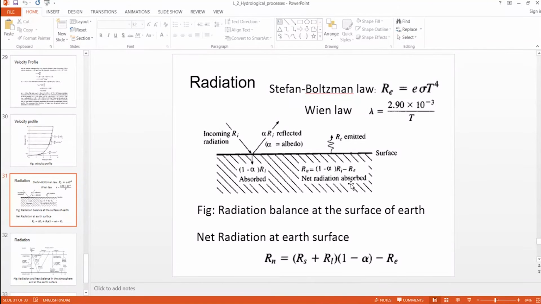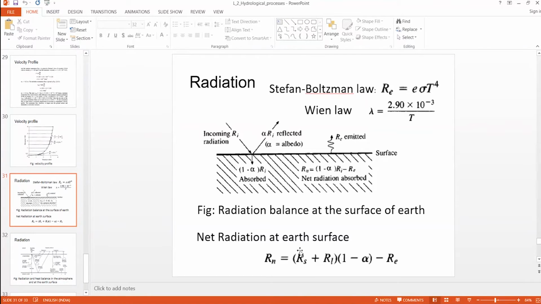When the sun's radiation hits the aerosols, it is reflected, partly towards space and partly towards the earth. So this is nothing but scattered radiation. This is called long wave radiation.